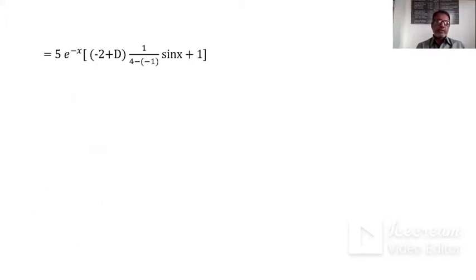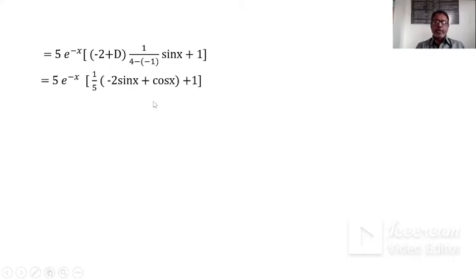We obtain 5 e to the power minus x, 1 upon 5, sorry, this 5 is multiplied with the whole square bracket, not only this, do not cancel it. This is 1 upon 5 times minus 2 plus D operate on sin x, is minus 2 into sin x, and the derivative of sin x is cos x, plus 1 as it is.